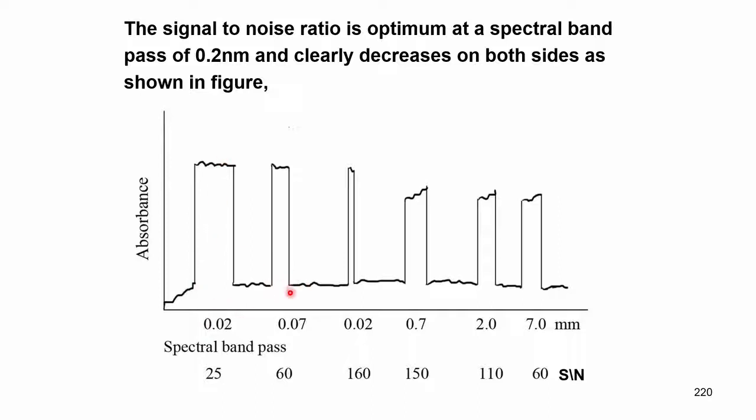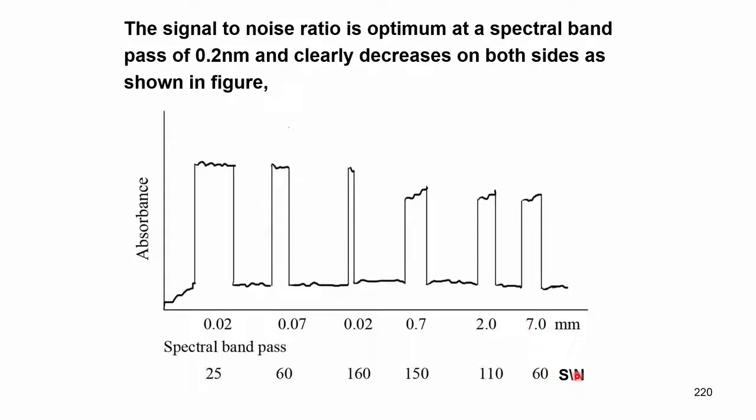For 0.07 it is this much, and at 0.02 the signal is very sharp. Okay. Spectral band pass corresponding to these nanometers are 25 nanometers, 60 nanometers and 160. Suppose you go to 0.7, then it is 150, 2 millimeter. Now I am talking about the slit width. Okay. For 2 it is about 110 and for 7 it is about 60.